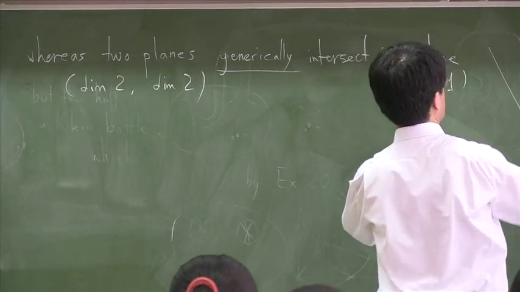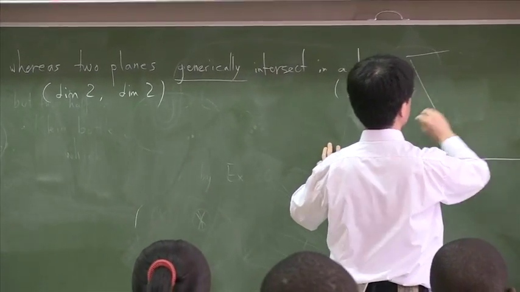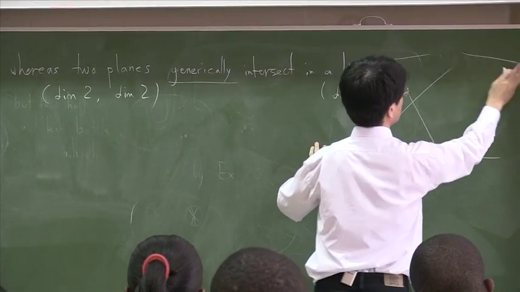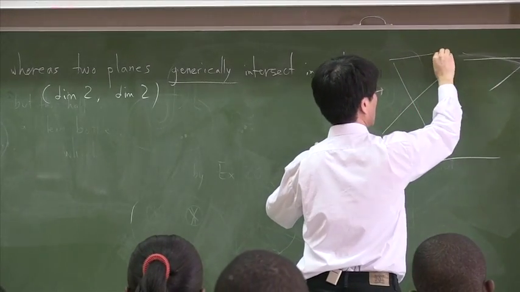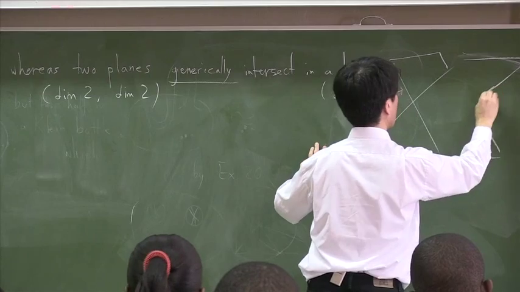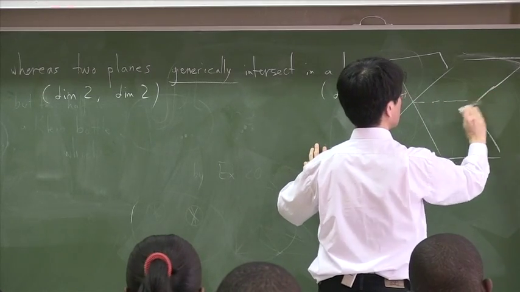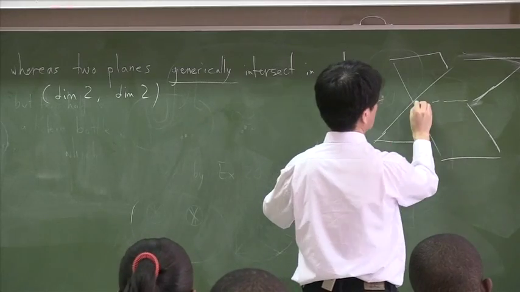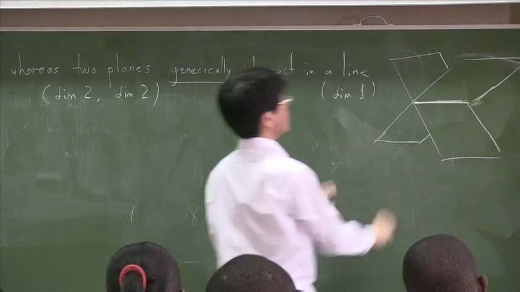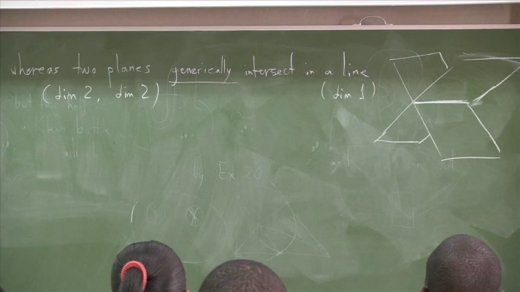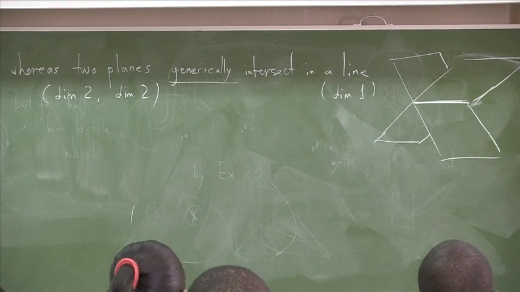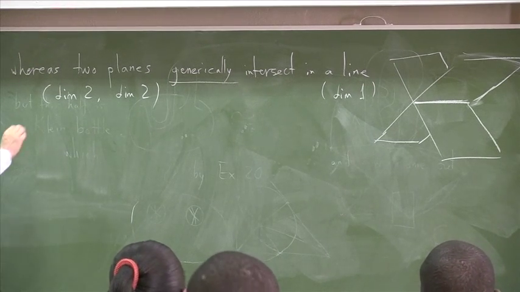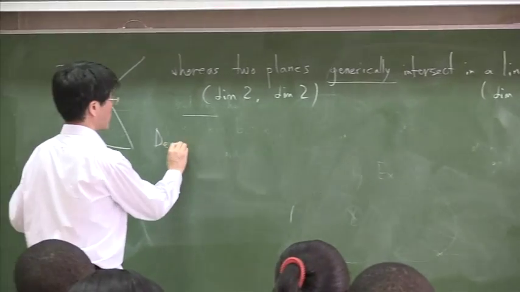And the picture that I shall draw is this kind of picture. So that's the intersection. Good. And of course, here again, there are degenerate situations.